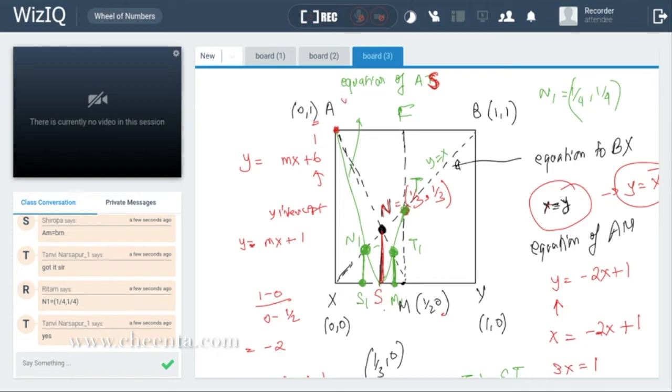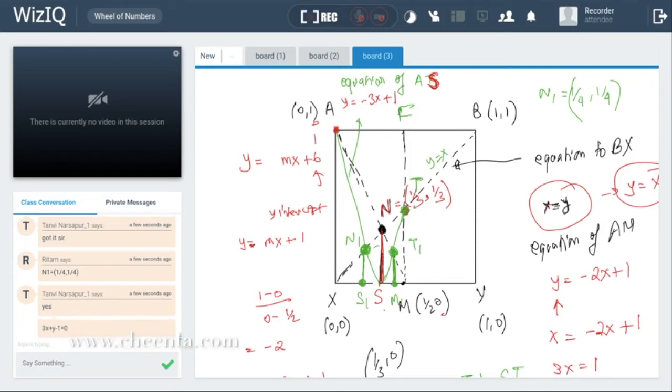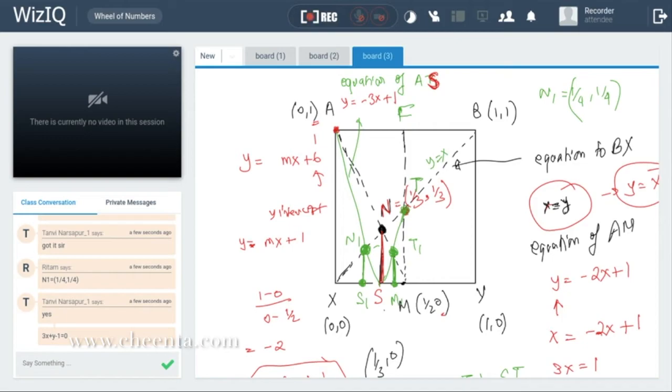Equation of AS is y equal to minus 3x plus 1. Just like we got this one, right? Yes, Tanvi, that's correct.